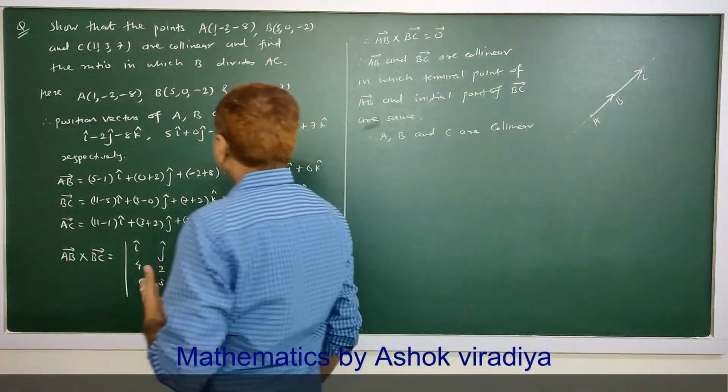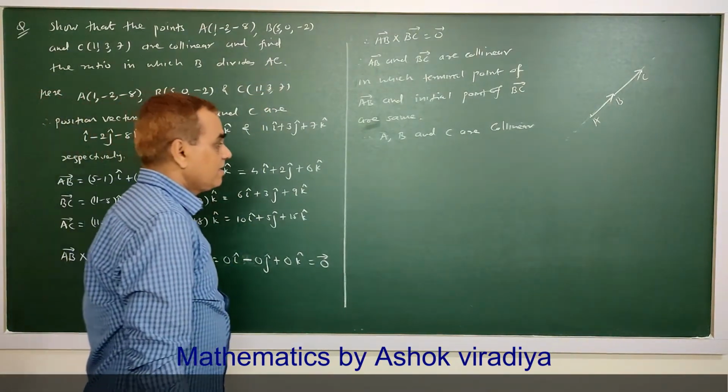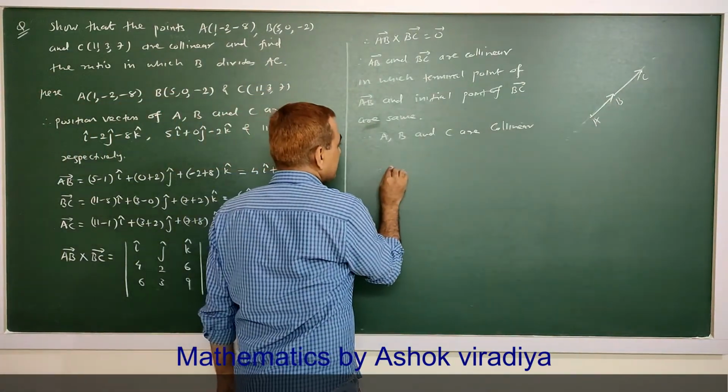Now we want to find the ratio in which B divides AC.